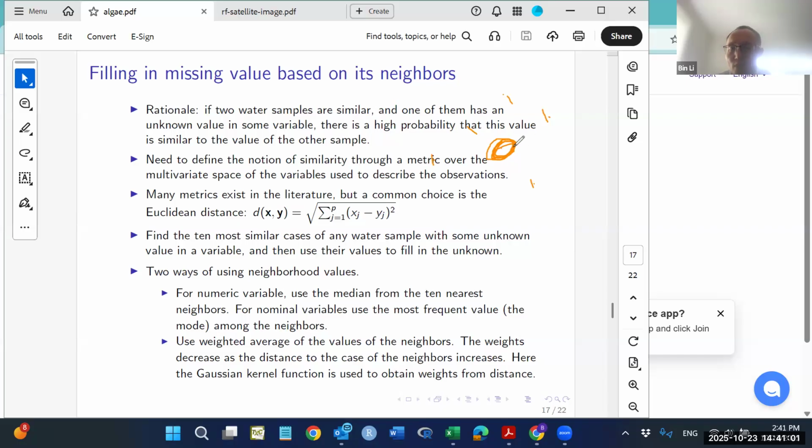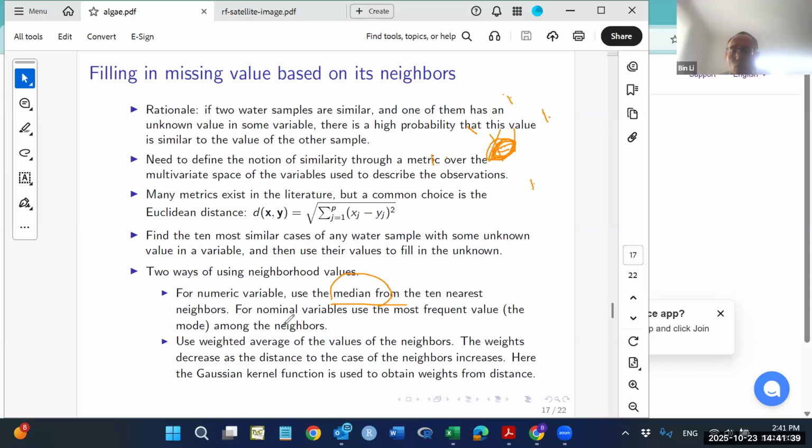If the missing value is on a numeric variable, we have 5 readings for this variable in the neighborhood. Let's say it has a missing value on x1, and we have x1 on these 5 neighbors. So let's just take the median of these 5 x1 readings and use that to impute the x1.